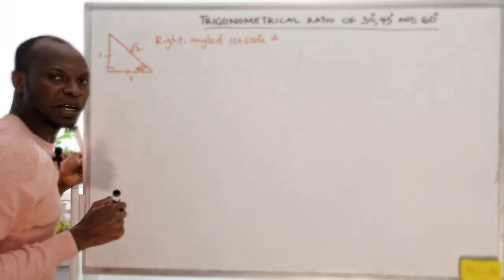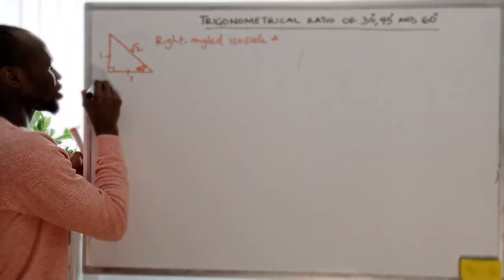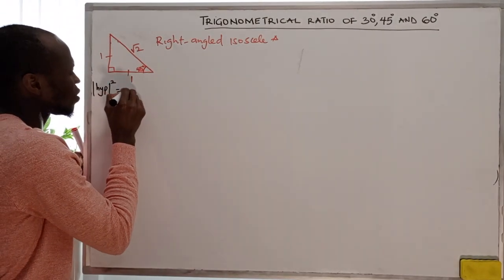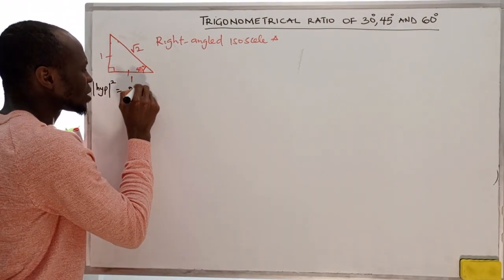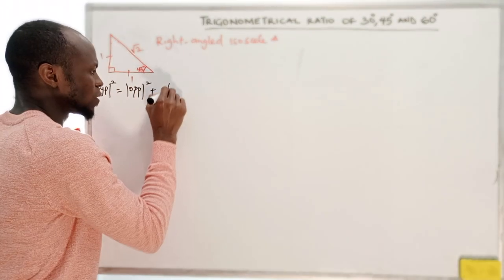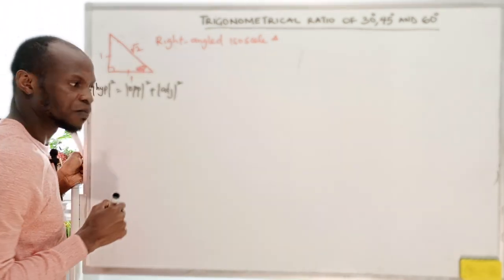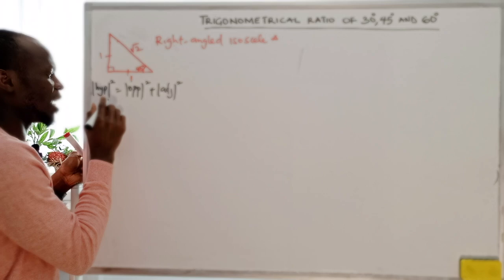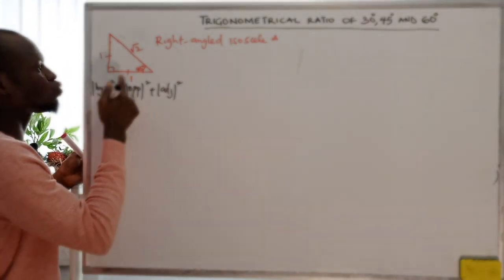So don't forget, Pythagoras theorem says hypotenuse squared equals opposite squared plus adjacent squared. Please carefully follow me. All right, I'm trying to prove trigonometrical ratios. Now the hypotenuse is what I don't know.